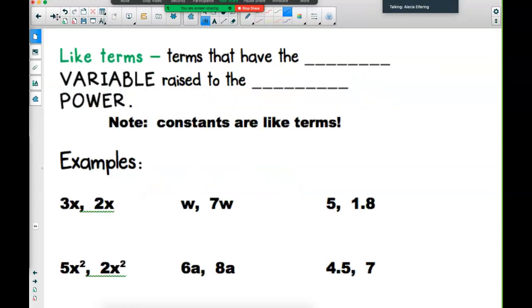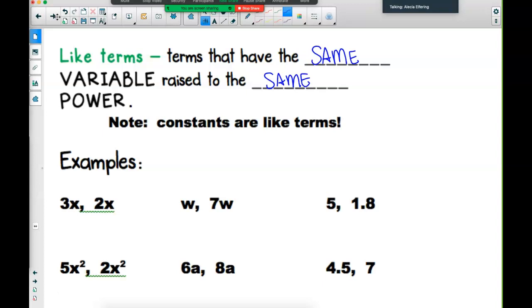Okay, then we're going to talk about like terms. Okay, in your notes, I want you to write this. I want you to write like terms. This is going to be super, super important. Like terms are terms that have the same variable raised to the same power.